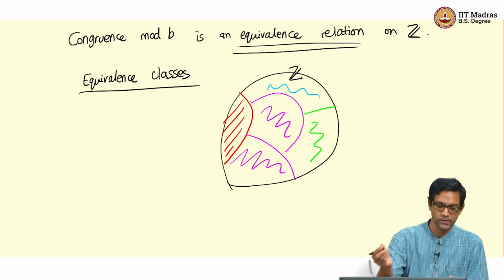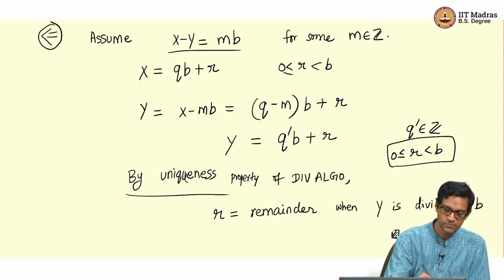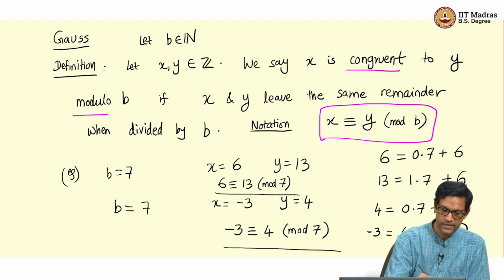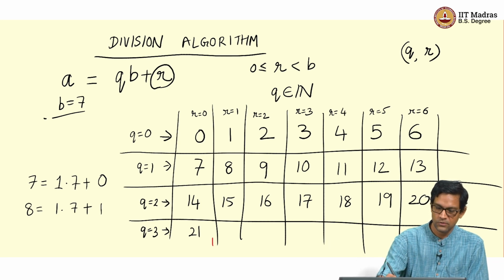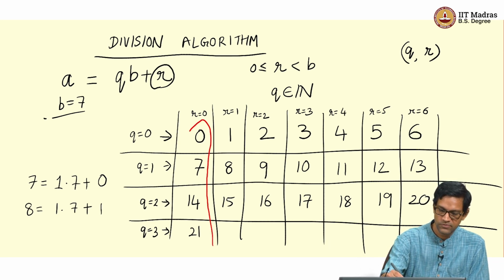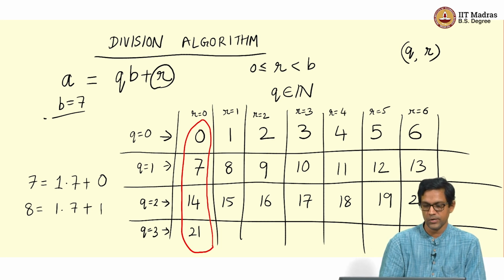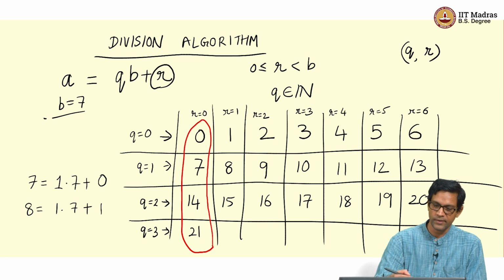This is how it would split your set up into disjoint subsets, but in our case we actually know what the equivalence classes are. We already drew this table. Here is the first equivalence class: all numbers which are congruent to 0 mod 7, things which leave a remainder of 0.